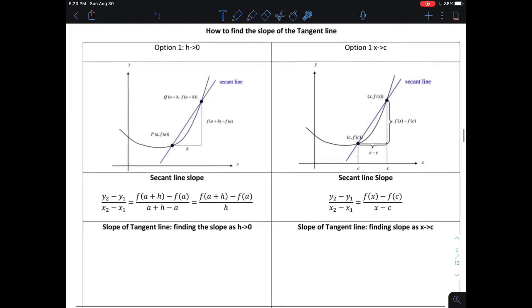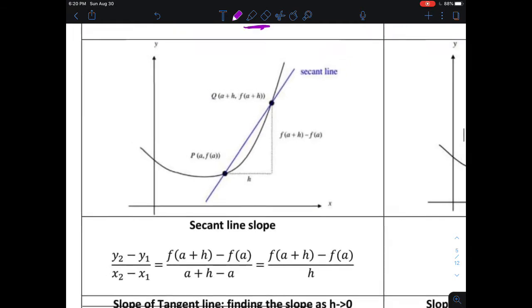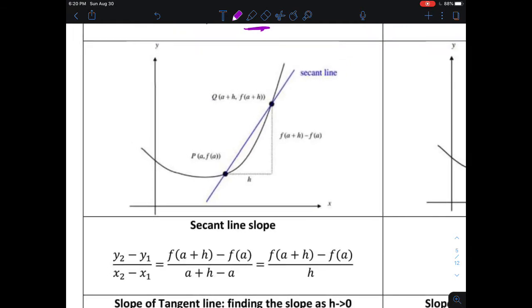The first option is limits represented by using h, where h represents the width of the interval. So on the left-hand side, I have 2 points that lie on the curve, at x equals a and x equals b, and the distance between a and b is going to be h. So we're going to define these points as x equals a and a plus h.